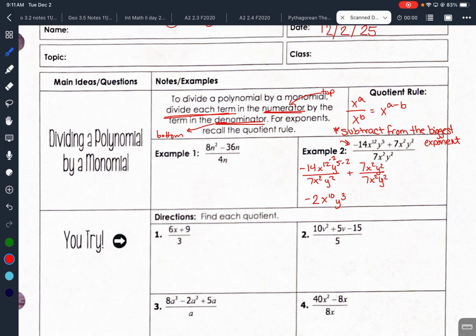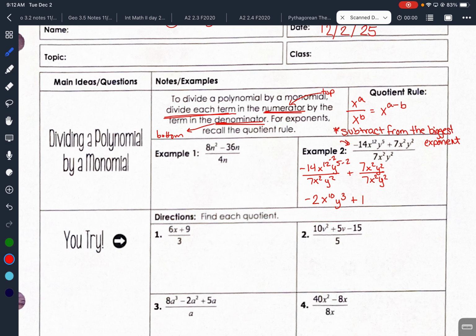So we got the first part done. Then I have plus, and everything's positive, so it's plus. What's 7 divided by 7? 1. Well, what's x squared divided by x squared? 1. X squared divided by x squared would be 1, right?